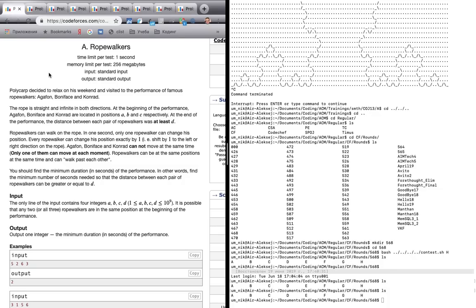And it doesn't make sense to move the middle person because we have to make two distances, between leftmost and middle and middle and rightmost, at least d.